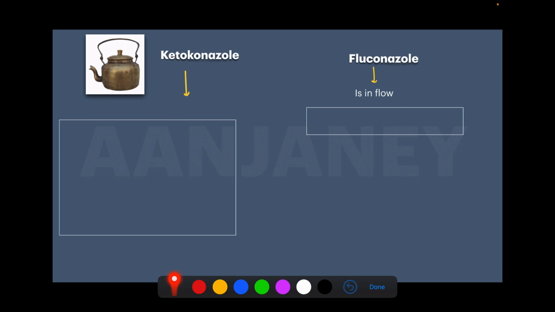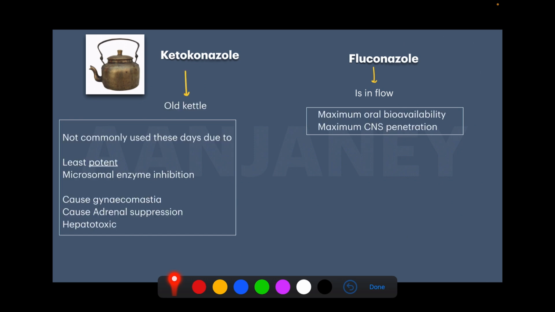So why is ketoconazole not used anymore? Because it is less potent and has microsomal enzyme inhibition. So you'll have to deal with its toxicity and all. It causes gynecomastia, adrenal suppression, and it's hepatotoxic. So we are not using this drug anymore. The fluconazole is the inflow thing. It's the drug which is used nowadays. It has maximum oral bioavailability and maximum CNS penetration.